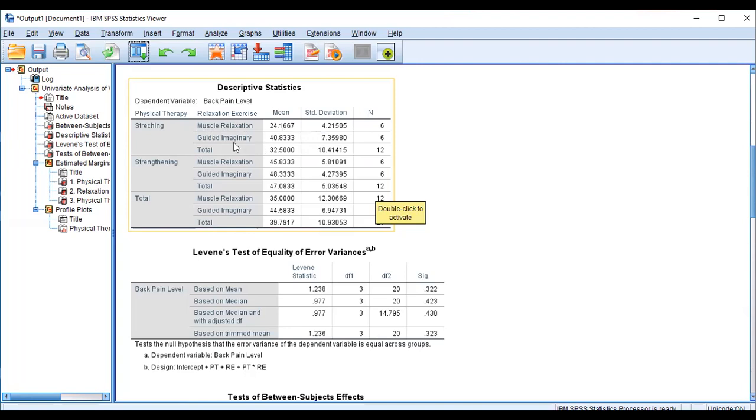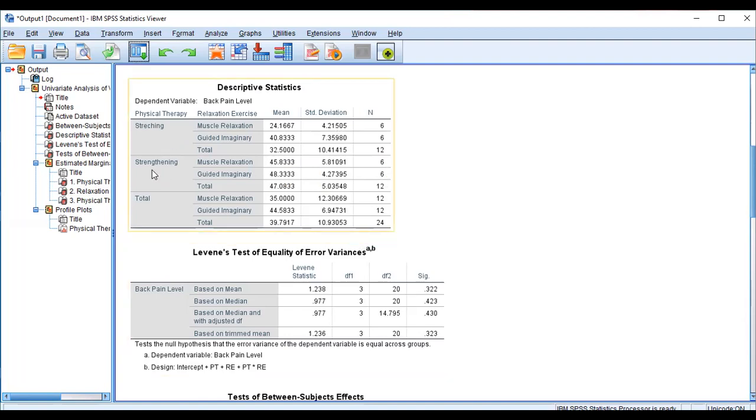Those who went for guided imagery as a relaxation exercise along with stretching had a mean pain level of 40 something and standard deviation of 7.3. Again, we have 6 people here. Overall, the mean pain level of people who went for stretching is about 32.5, and standard deviation is 10.4 something. We had 12 people in all. So that is about stretching.